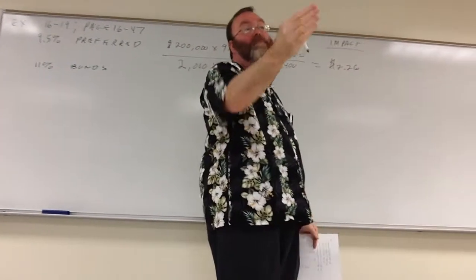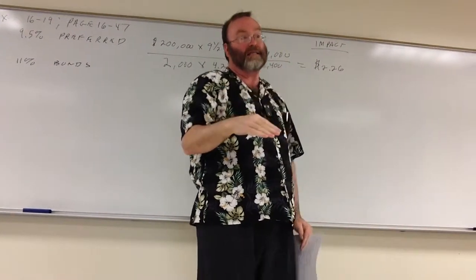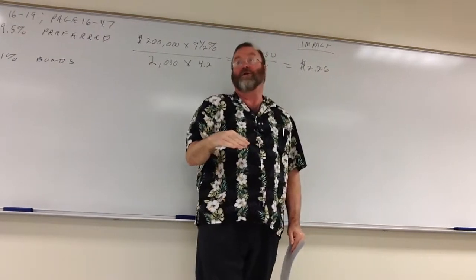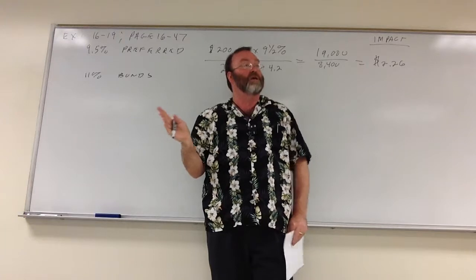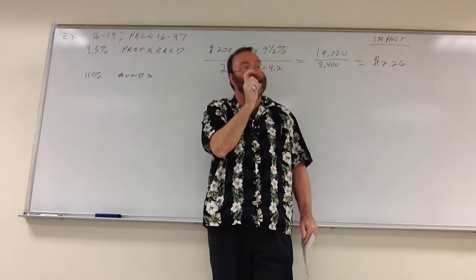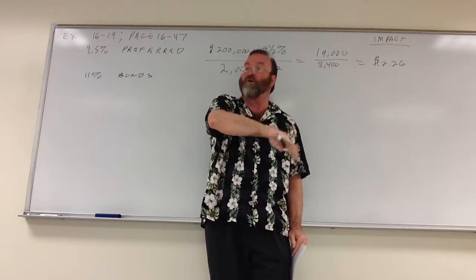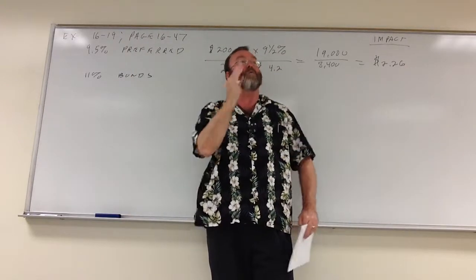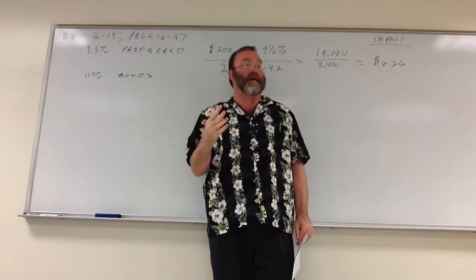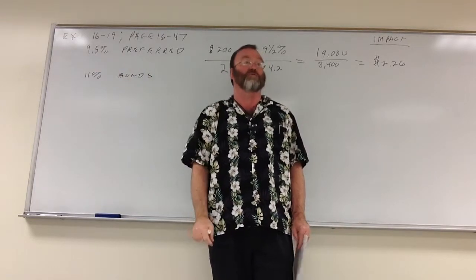However, net income is after taxes. So when we calculate the interest expense on each of these bonds, we then need to make that interest expense also after taxes by multiplying it by 1 minus the tax rate, which in this case is 30%.